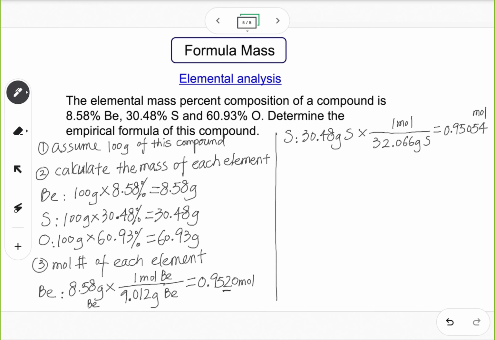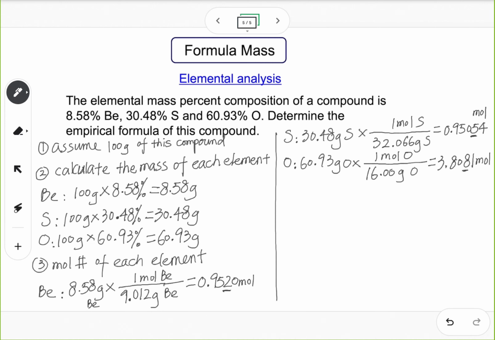We're supposed to have 4 significant figures. Oxygen, you have 60.93 grams of oxygen. Convert that to the mole number of oxygen. Atomic mass for oxygen is 16.00 grams per 1 mole of oxygen, so that will give you 3.8081 mole. 4 significant figures.